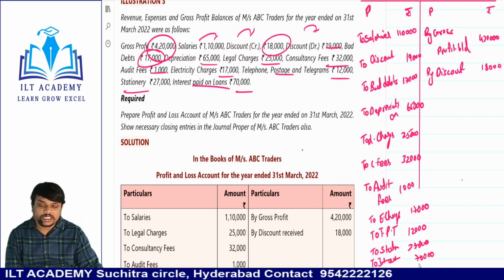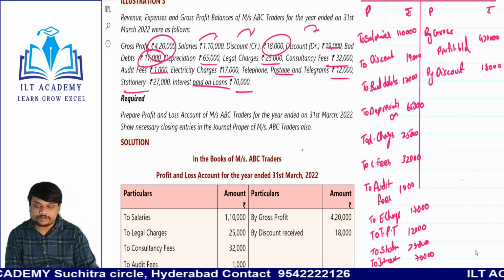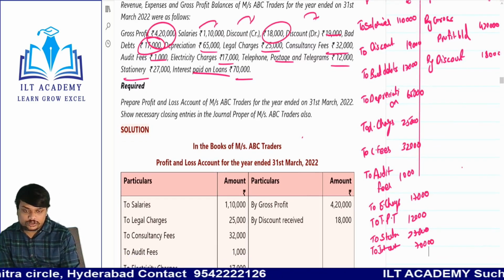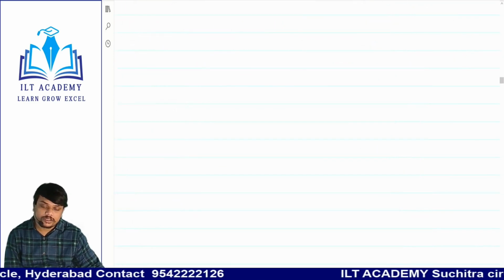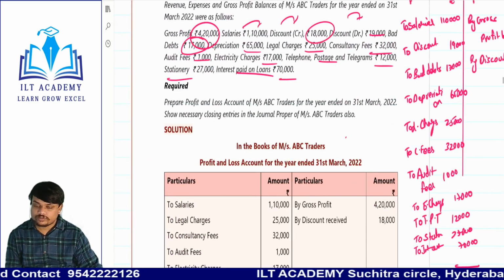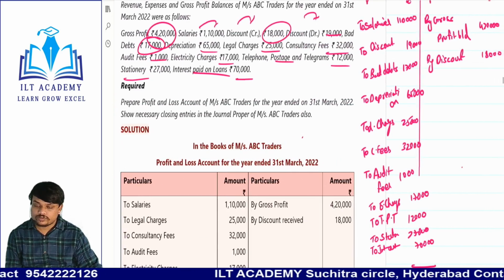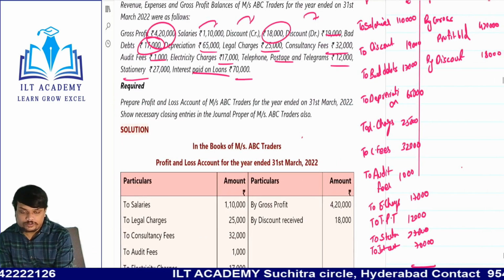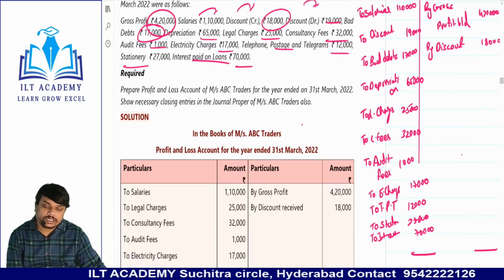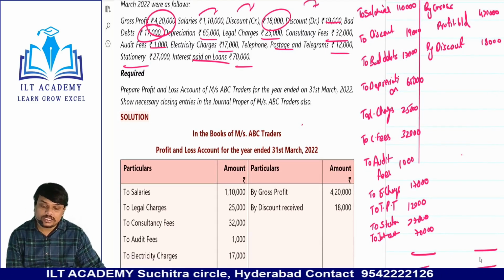Now if you see the debit side and credit side, if you do the total, this side you are going to get 4,20,000 plus 18,000, 4,38,000.